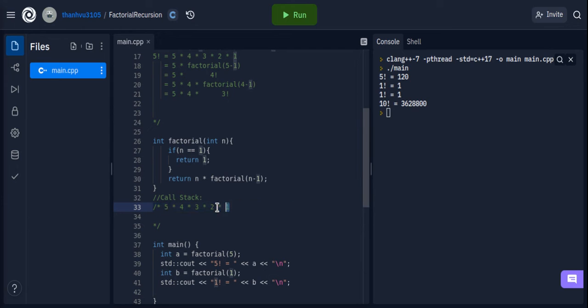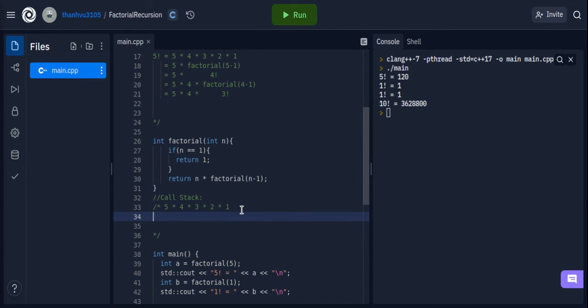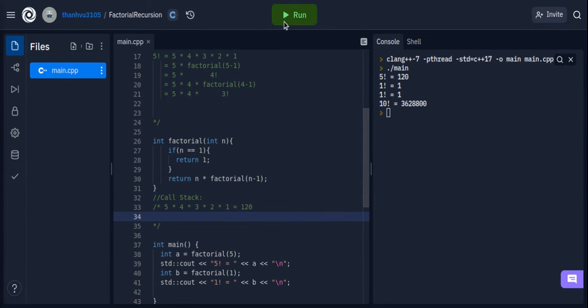We would have 1 times 2 times 3 times 4 times 5. Each of these pops out of the recursive stack: 1 times 1 pops off the stack, times 2 pops off, 3 pops off, 4 pops off, and 5. Then we have the result because they just multiply each other, so that is 120.